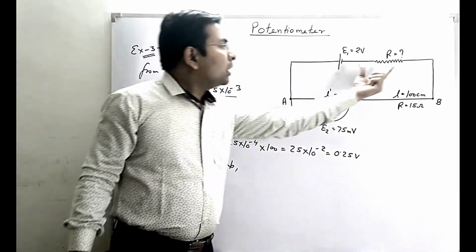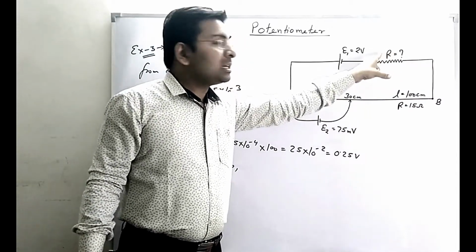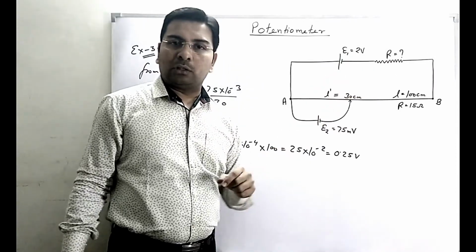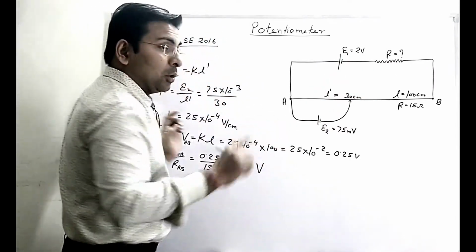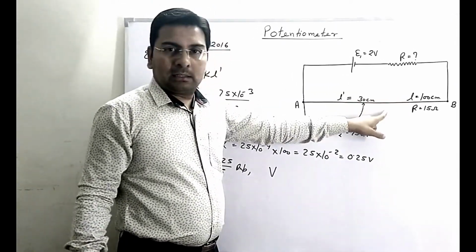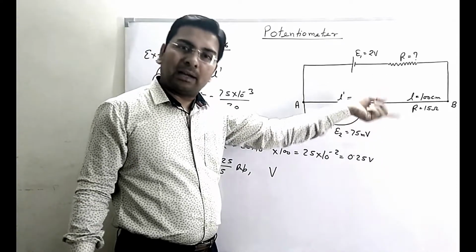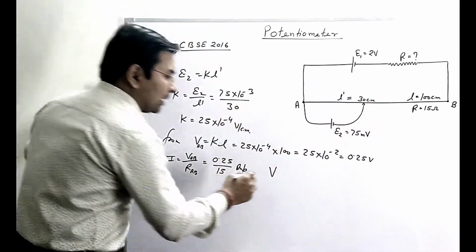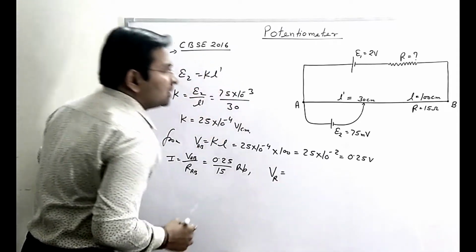If we need the value of V, the potential drop across the resistance R, then we can calculate the value of R. For this we know that in series combination potential divides, and current remains constant. So with that logic, can we calculate the potential across the resistance R?